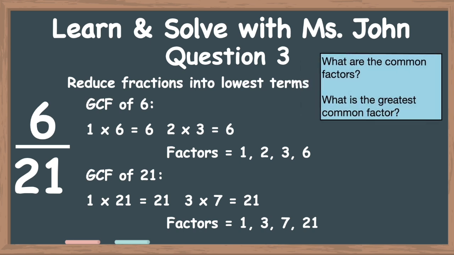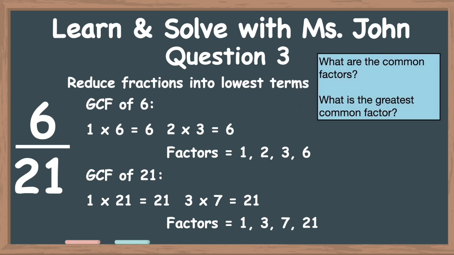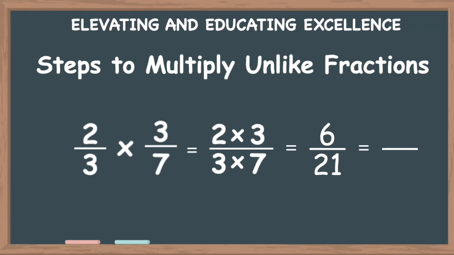So when we're looking at it, what are the common factors that 6 and 21 have? So the common factors, as we can see, are 1 and 3. So now we've got to look at what is the greatest common factor, the highest number that they have in common? And the answer is 3. So now that we know that the GCF is 3, we can simplify.